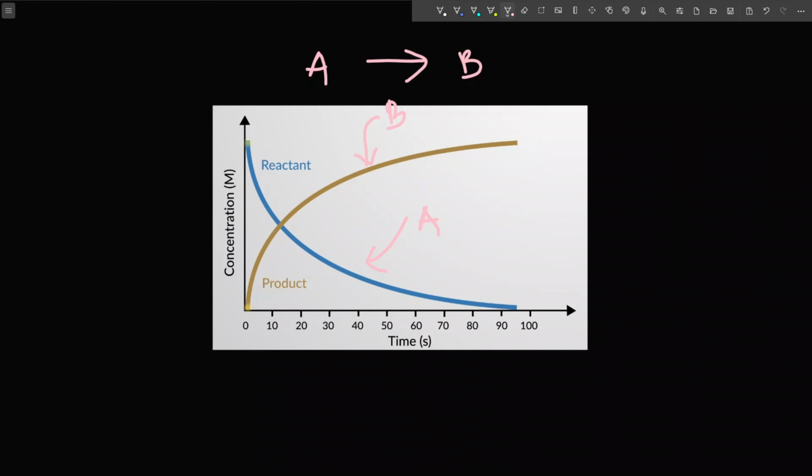Are you getting that? So you can see that the concentration of A is reducing until it gets to 0, and the concentration of B, which is the product, is increasing exponentially. Now you can see that at a particular point around here, the concentration of A was equal to the concentration of B.